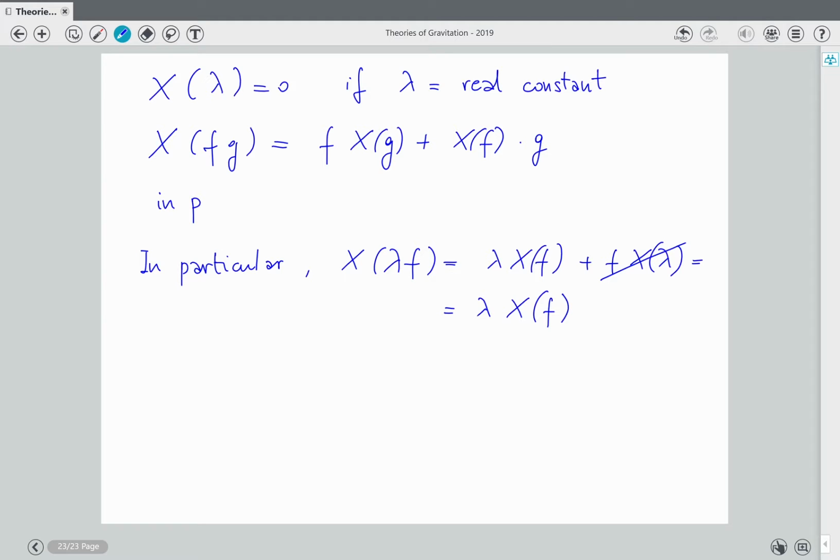Okay, this is the so-called derivation, and the space of derivations in P is denoted by D of P, and it is a vector space.